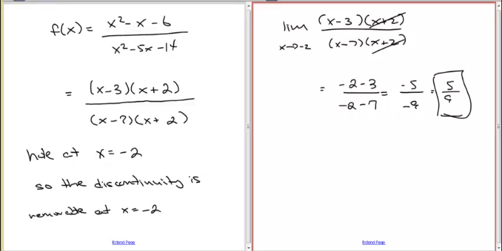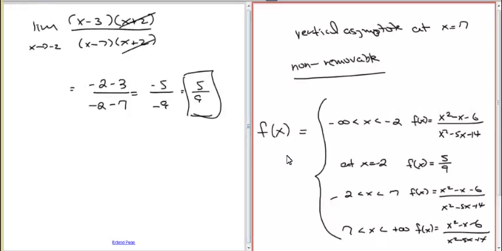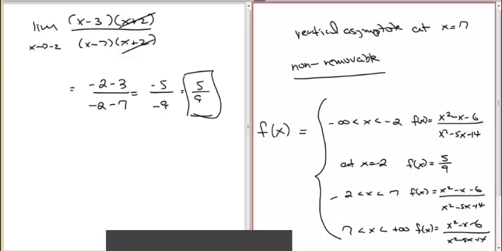And then you can redefine your function instead of being the original function with the domain such that the function does not exist at negative 2 or 7. At negative 2, we can define the value of the function to be 5/9, which is the limit. But we still jump over that discontinuity that's non-removable. Okay, so that's pretty much it.